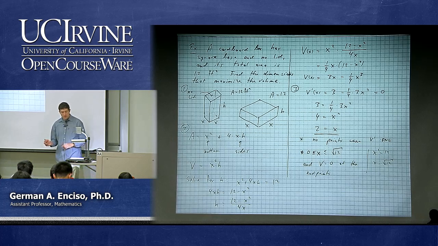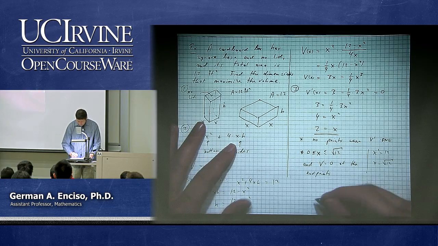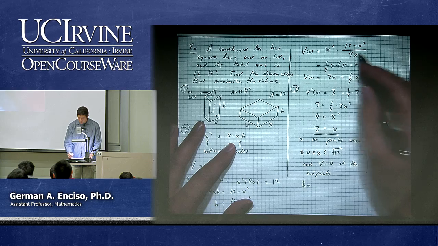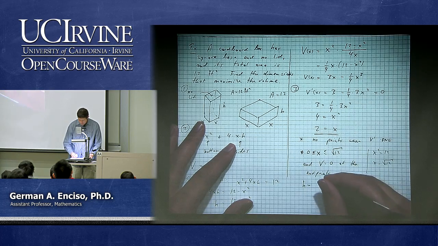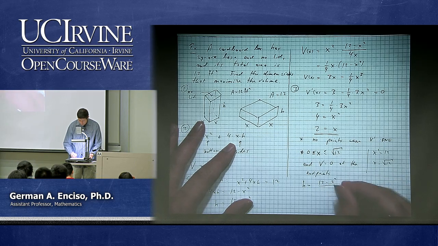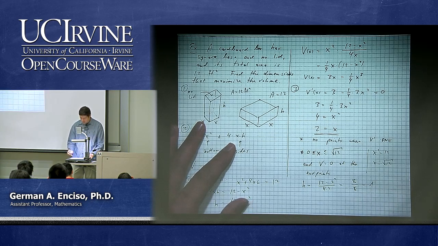Okay, so now the question is find the dimensions that maximize the volume. So we need to go back and draw the box. What is h? If x is equal to 2, h is equal to 12 minus 2 squared divided by 4 times 2, which is 8 divided by 8, equal to 1.